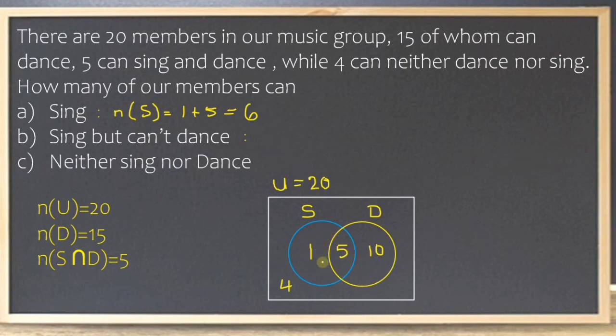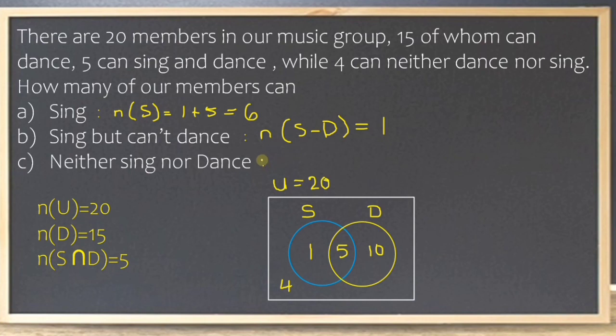So it means this portion is actually S minus D. So you have the number of members that are in S minus D. Okay, if you still recall, in our previous video we talked about the difference of two sets. The difference S minus D is all the members that are in S but not in D. So if you look here, all the members that are in S and not in D are just this portion, this region. So you have 1. So we only have 1 member that can sing but cannot dance.